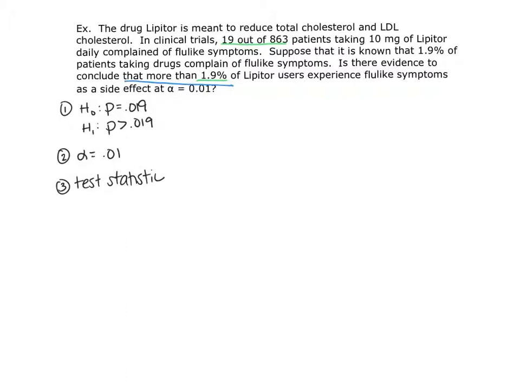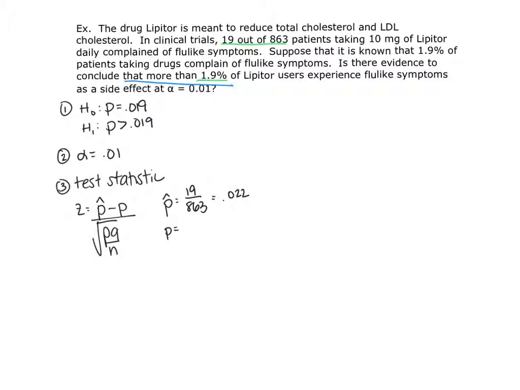I always recommend writing the formula out first. That way you know what variables you need to find from the problem. The formula for our test statistic, z equals p hat minus p divided by the square root of p times q divided by n. P hat is our sample proportion, which is calculated 19 over 863, which rounded to 3 decimal places is 0.022.